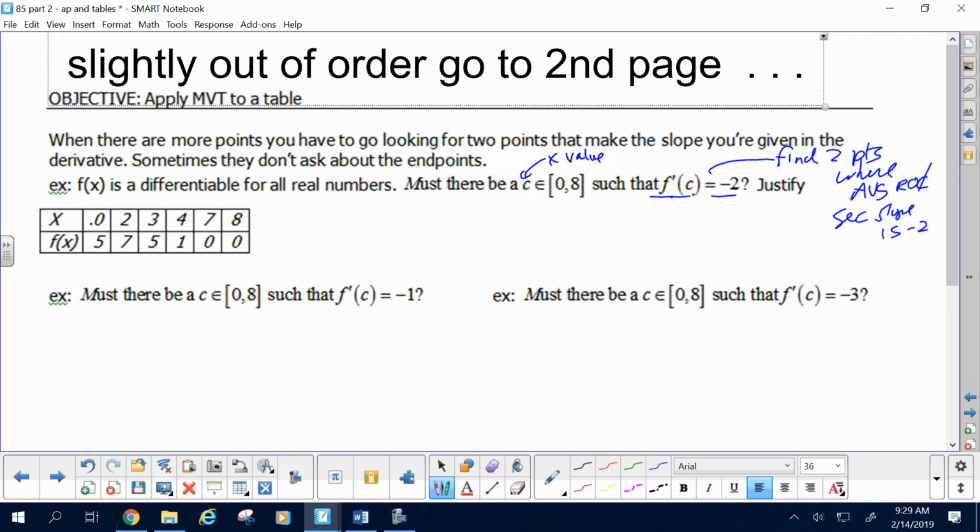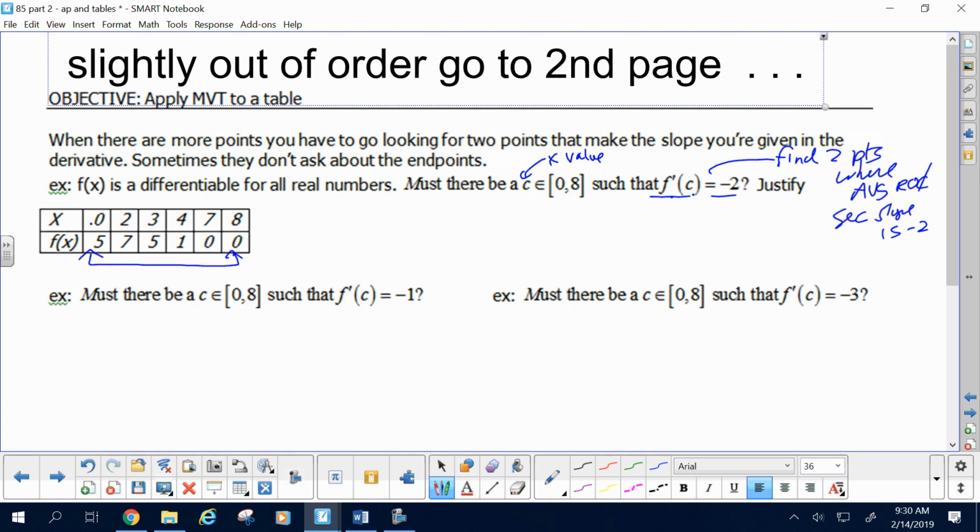So that we can say, oh yeah, there's an MVT thing going on here. The slope between these 2 points is -2, so there's got to be a place where the derivative is -2. Right? So we'll find that place, and then we'll say it all the proper way. Now, it's most common on the AP test that they use the endpoints.